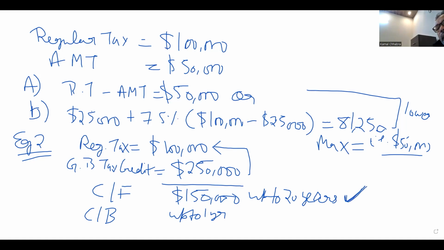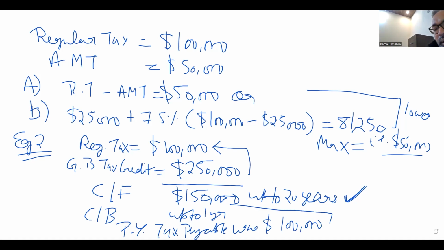We have already discussed a couple of examples. So what is carry back? That means if in the previous year your tax payable was, let's say, $100,000, then from this 150,000 you can carry back $100,000 and make your liability zero.